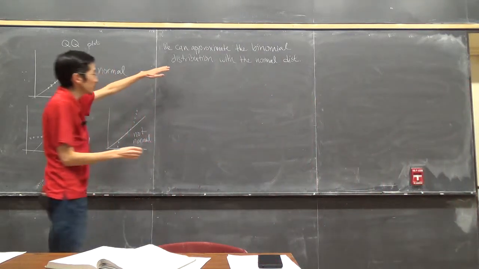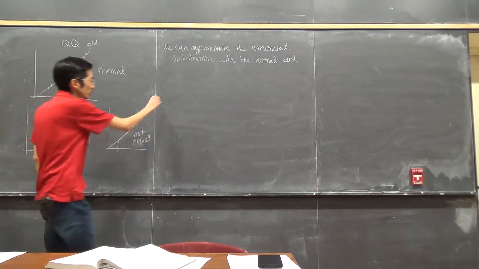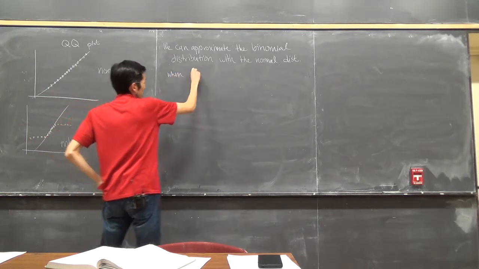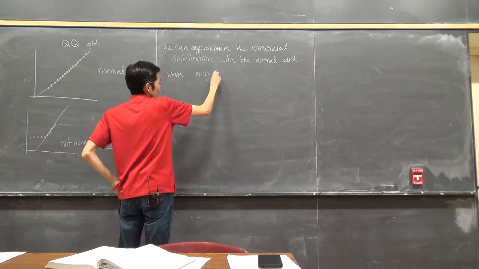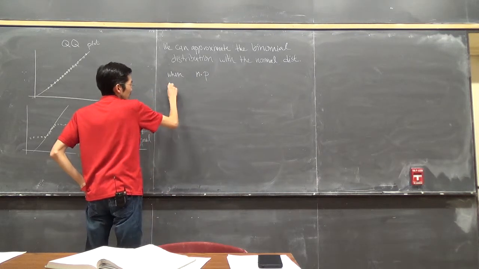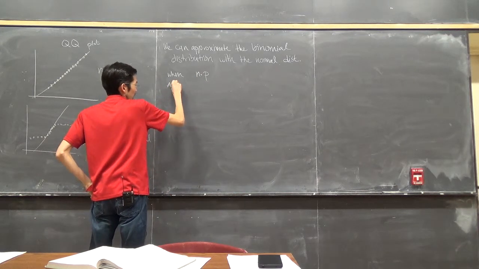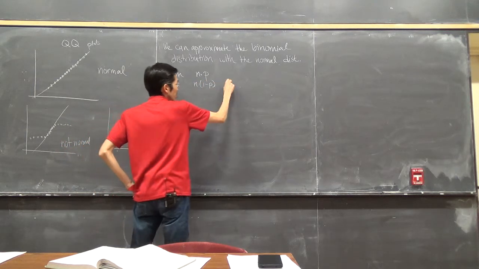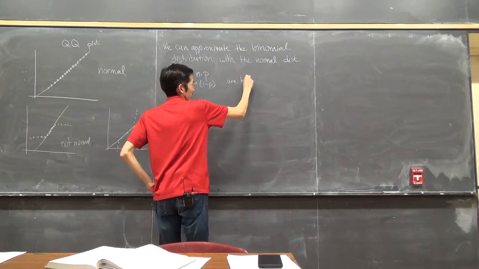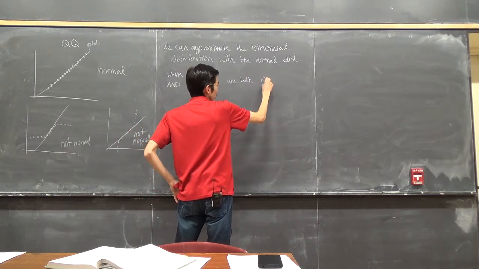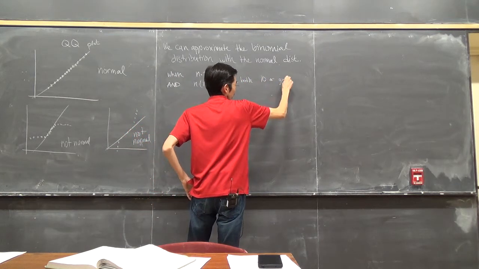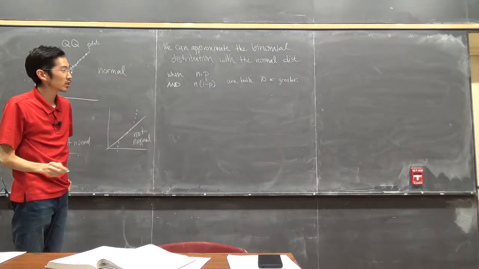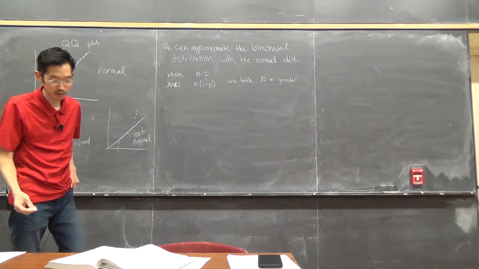Okay, so when we have the binomial distribution, when n times p and n times 1 minus p are both 10 or greater, the binomial distribution looks very similar to the normal distribution.